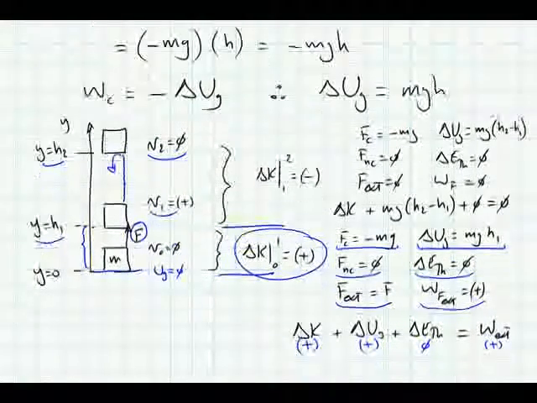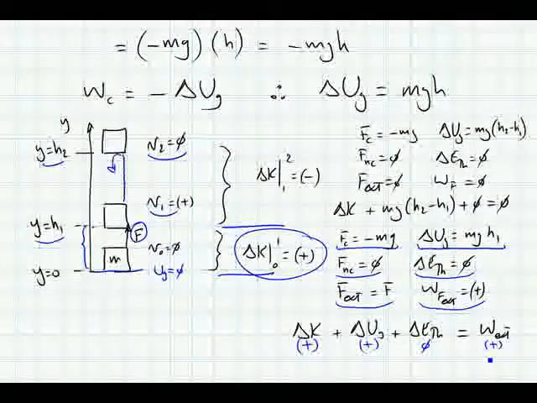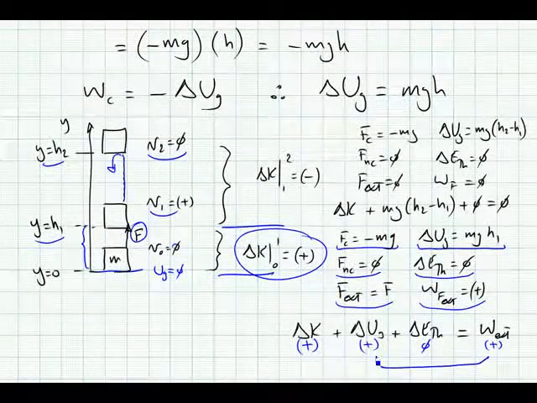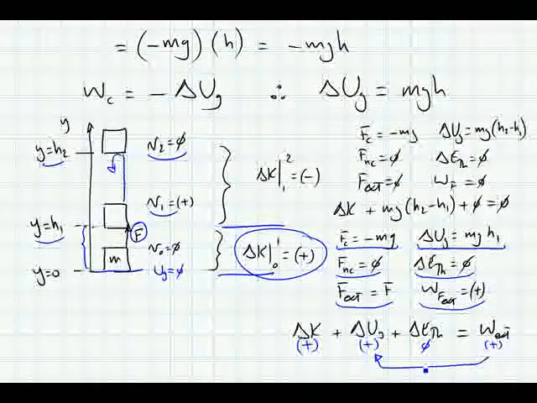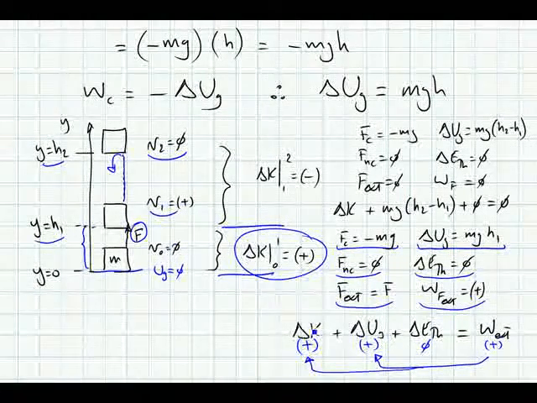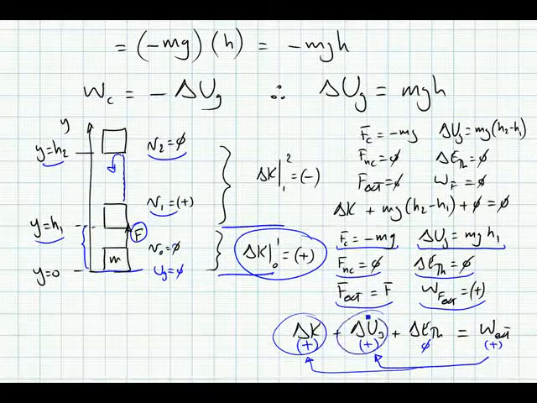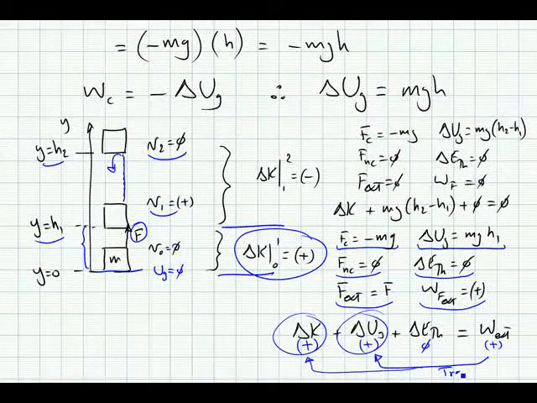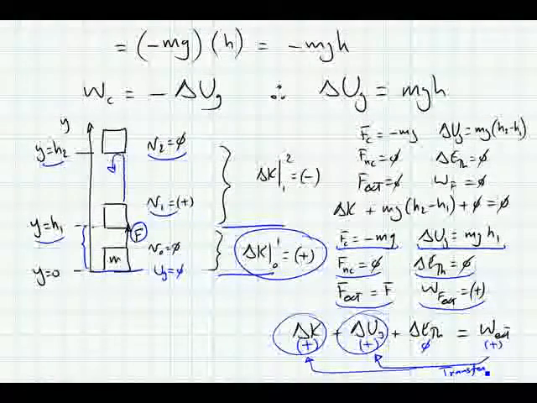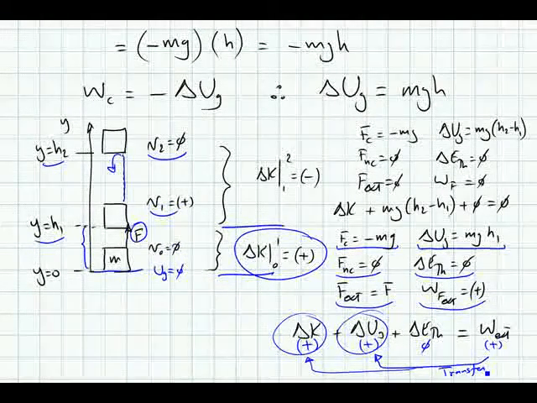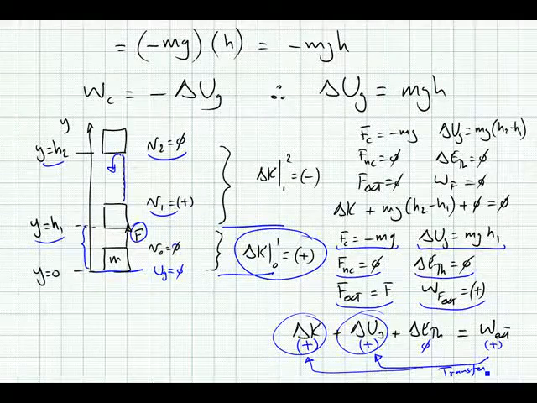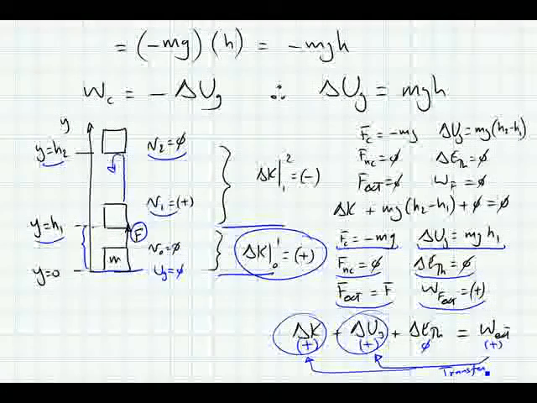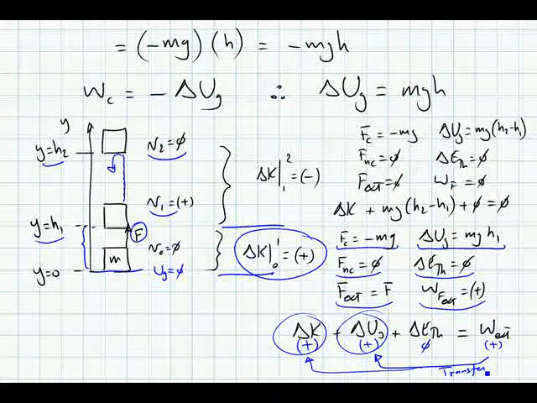So what we have here is that the external work transfers energy to the system in the form of part kinetic energy and part potential energy. This is yet again a transfer of energy into the system. Work done by the external force increased the overall energy of the system. Part of it was used to speed the object up, so kinetic energy increased, and part of it was to increase its potential energy.